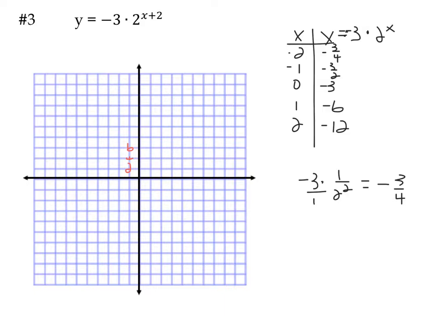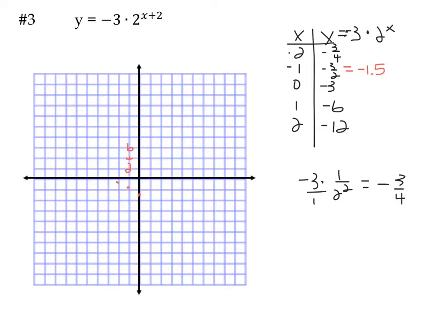So our first point is going to be -2, comma -3/4. Then -1 and -3 over 2, that's -1.5, if that's easier for you to figure where that goes on your graph. Remember, we're counting by 2's, so not quite at -2.